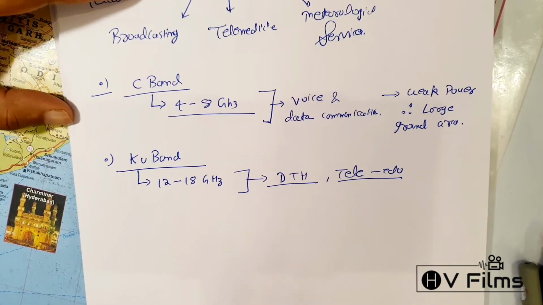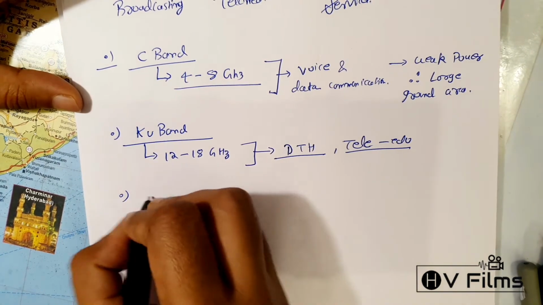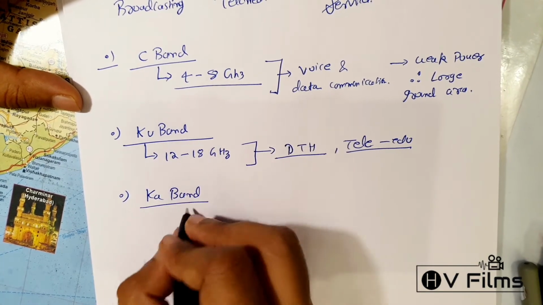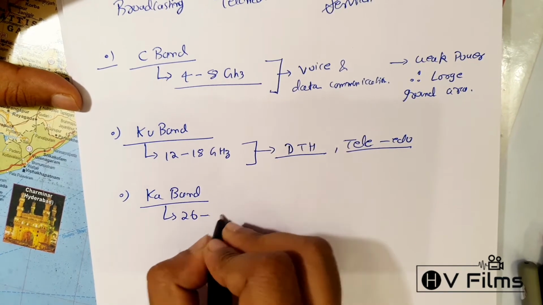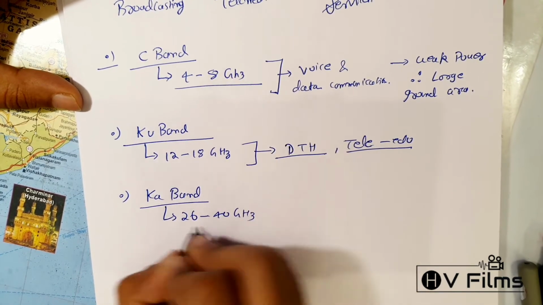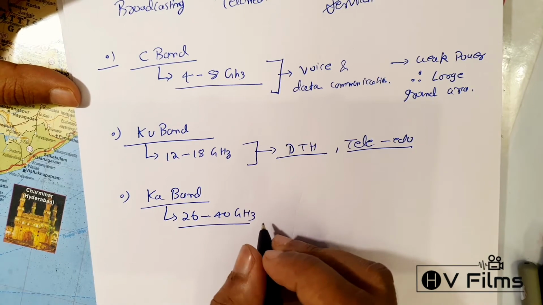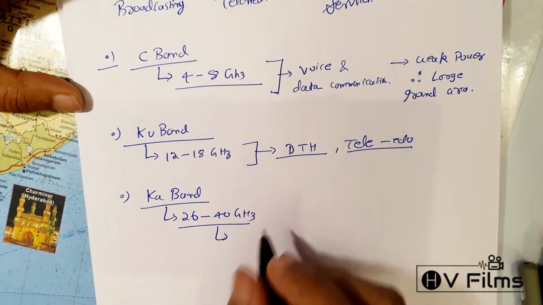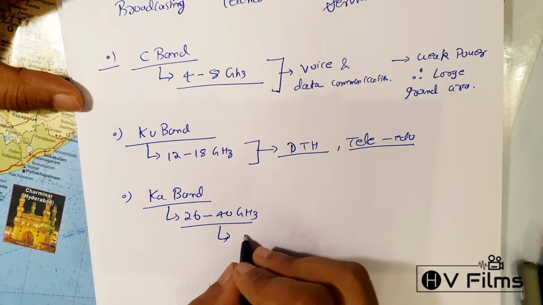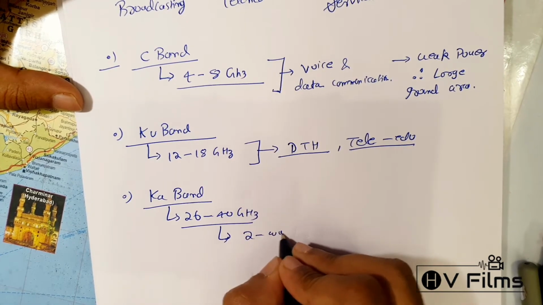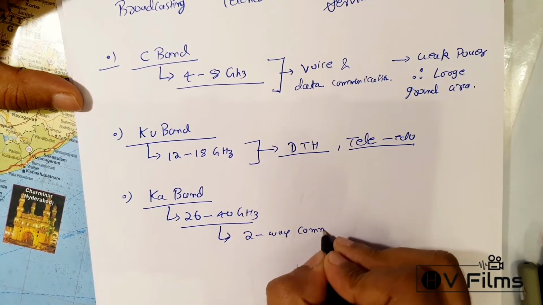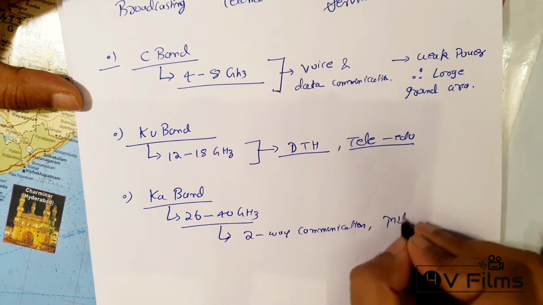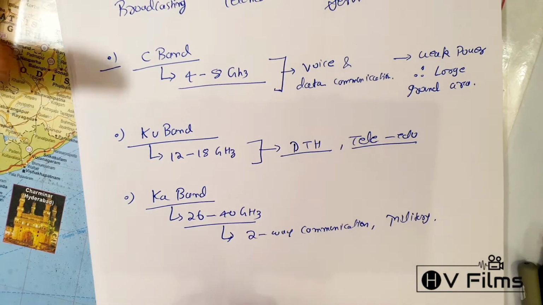Apart from that, there's a third one, what we call the Ka band, which operates from 26 to 40 gigahertz, and it is generally used for broadband and two-way consumer communication, and for military networks. So we can say that two-way communication generally uses this one, or for military purposes we generally use the Ka band.